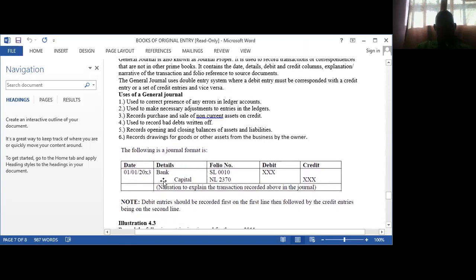In the details column, always start with the account to be debited and write that amount in the debit column, and then the account to be credited, and write the amount in the credit column. The folio is not important and it's normally omitted. So you can simply have a column for the date, details, debit, and credit like that. And then you normally give a very brief narration or explanation of what has happened.